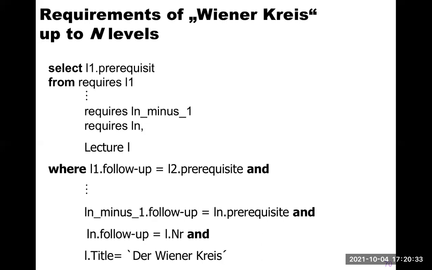So our lecture list grows and grows, and next day it may grow another layer, another level. So I can't predict how many pairs of tables and pairs of conditions to write in this query.